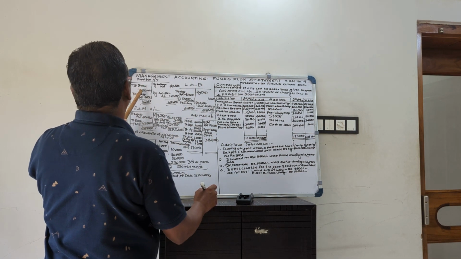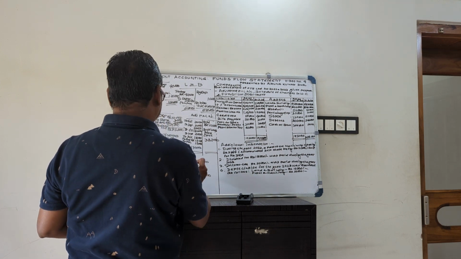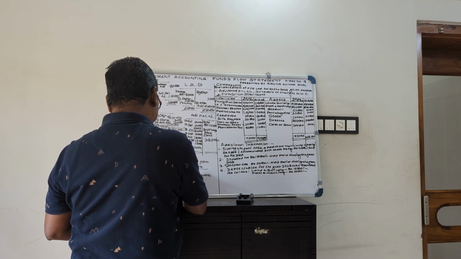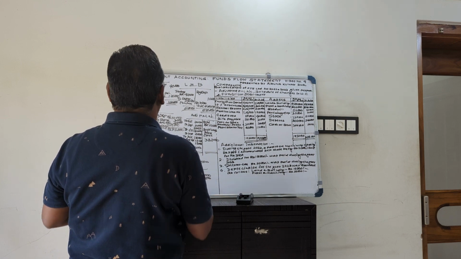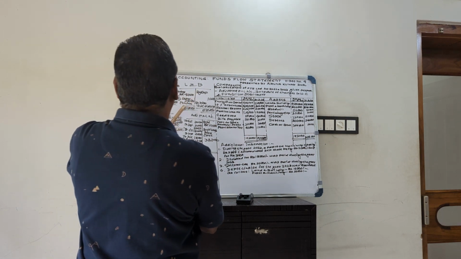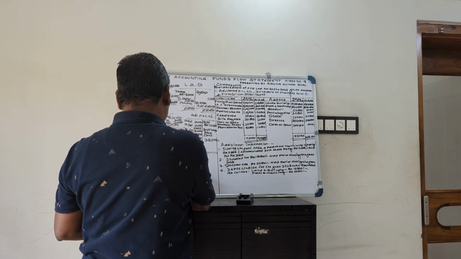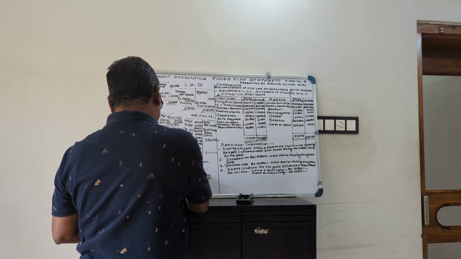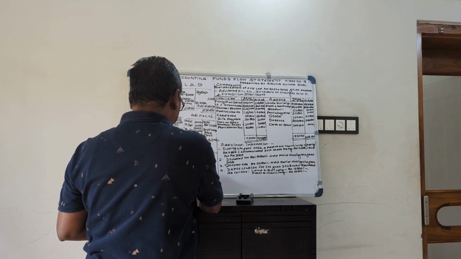Then payment of tax, 50,000. Then purchase of land and building, 2,50,000.